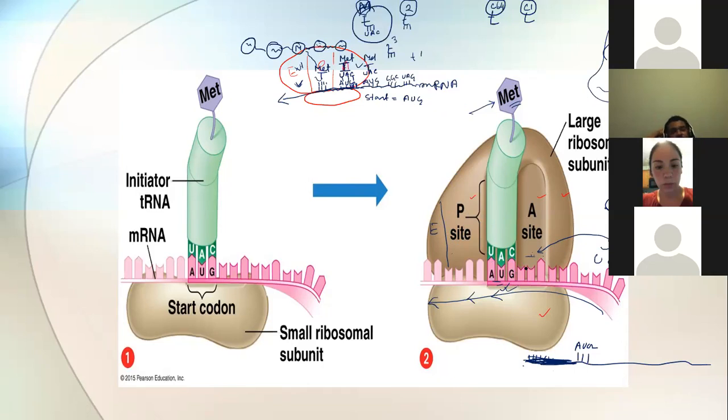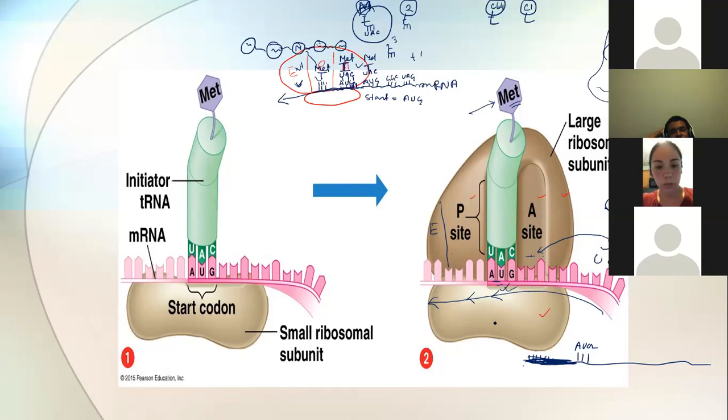Ultimately, when the stop codon comes at the A site of the ribosome, the translation stops. That part is the termination.